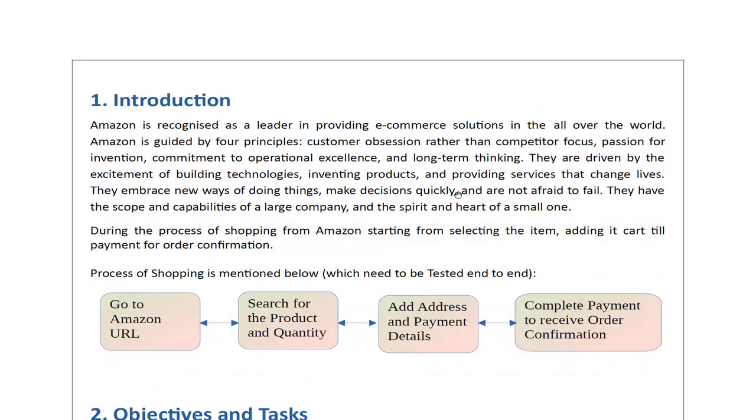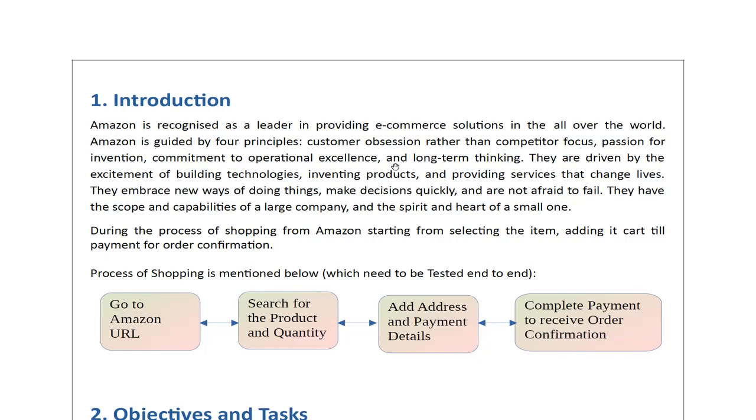Okay, see here in the introduction you can write the introduction of your project, or the introduction of your feature of any application for which you are writing that test plan. So you can write a detailed introduction. Because I took the example of shopping at Amazon, I gave the details of introduction of that Amazon website.